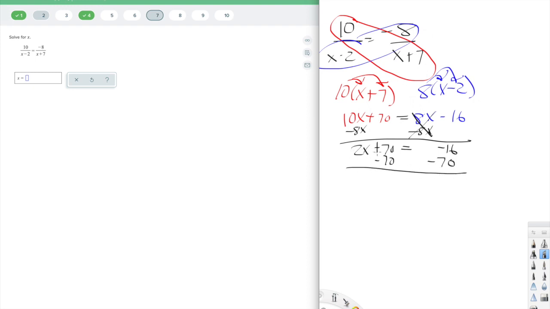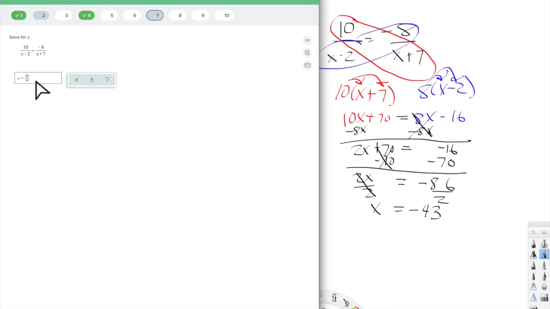So 2x, 70 minus 70 cancels. And I have 16 and 70. They're both negative, so I add and keep the negative sign. And then I'm going to divide both sides by 2. x equals negative 43. So negative 43. Check.